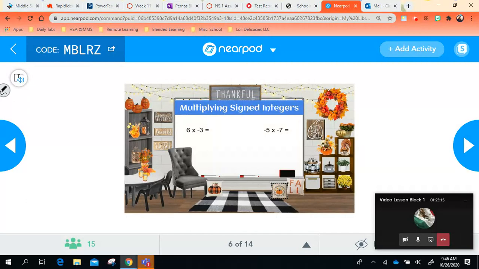6 times negative 3, and negative 5 times negative 7. Maybe circle it or put a box around it just in case.